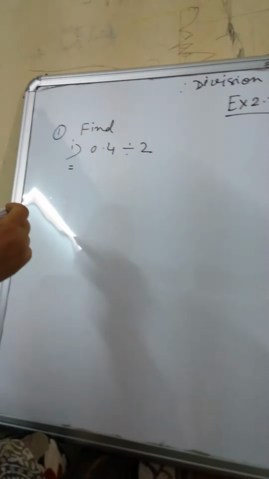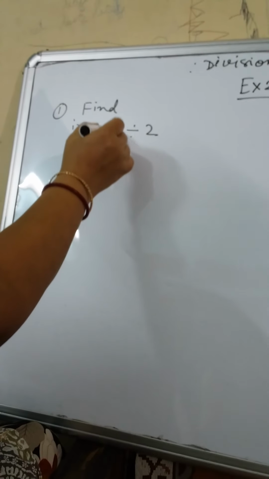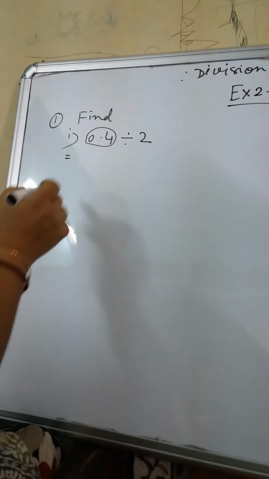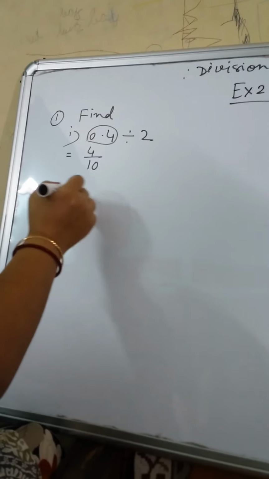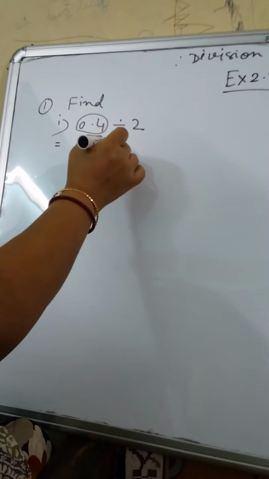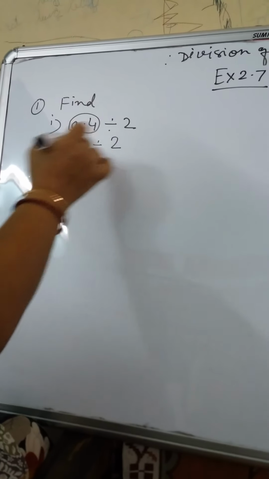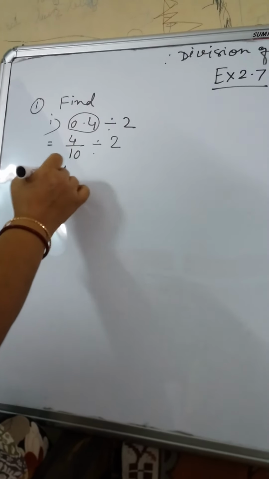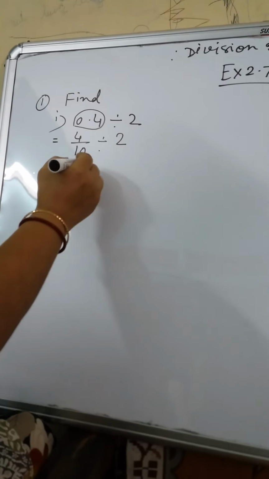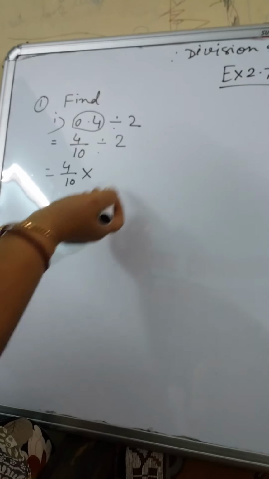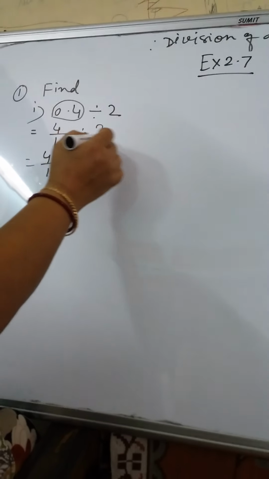So if you remember what I have told, you have to convert it in fractional form. So 0.4 is 4 by 10, divided by 2. Now for 4 by 10, you have to multiply with the reciprocal of the divisor.